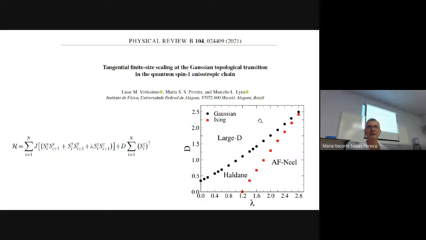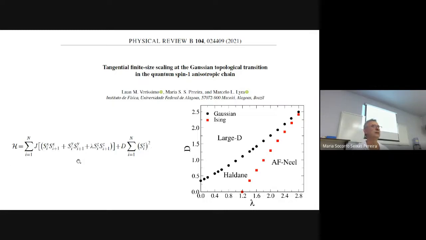And more recently, we addressed this spin one anisotropic chain model, on which we have two kinds of anisotropies. One exchange anisotropy, that's this small lambda, and also a local field anisotropy, this capital D.